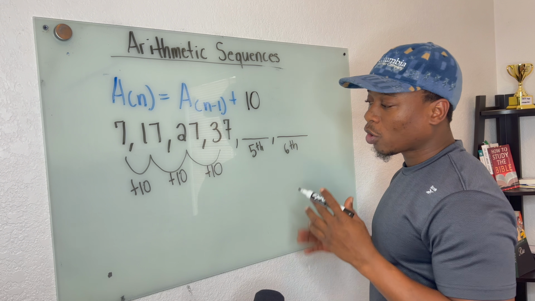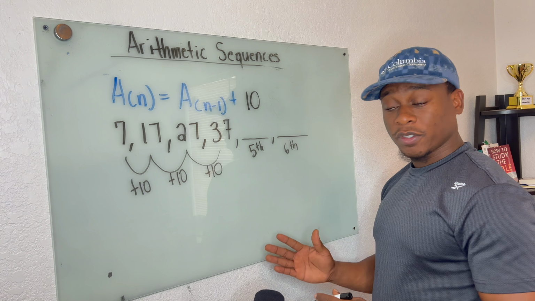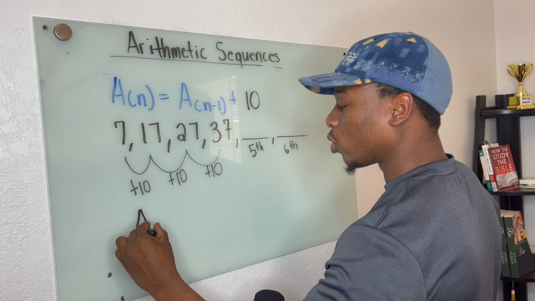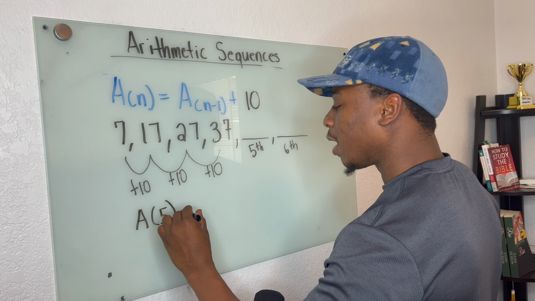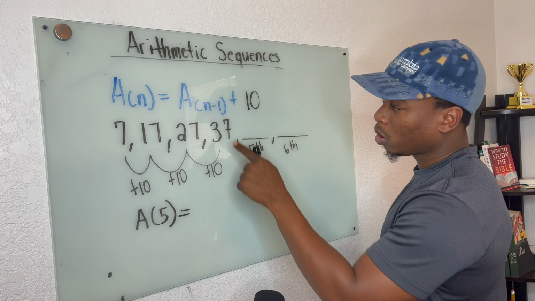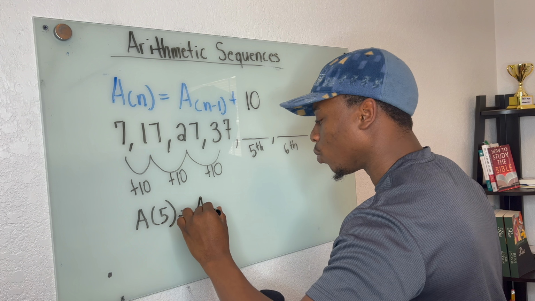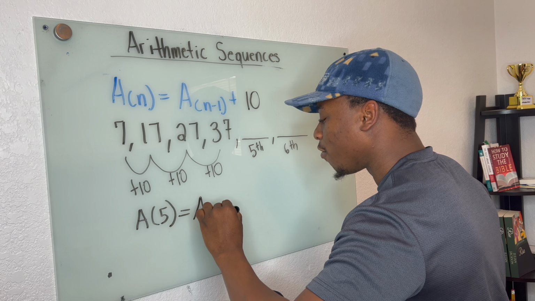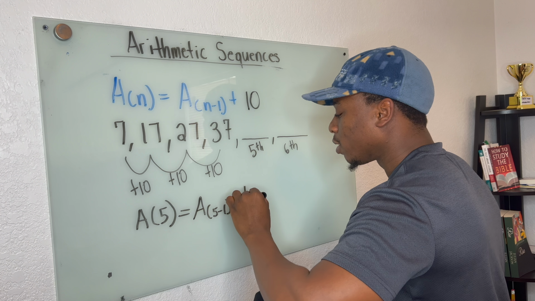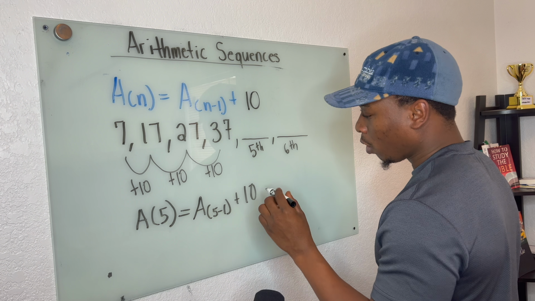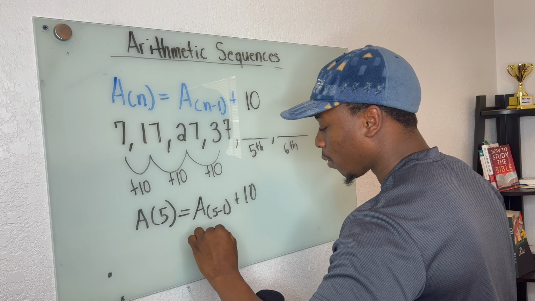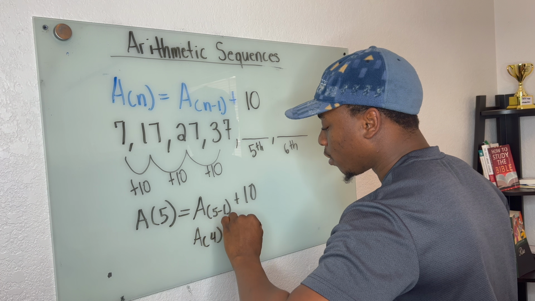If we now want to figure out the fifth term, we're substituting a of 5. We're looking for the fifth term. That is going to be equal to 5 minus 1 plus 10. So now we're looking for a sub 4, and we're going to add 10 to that.